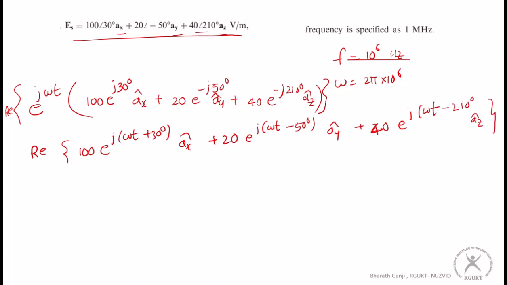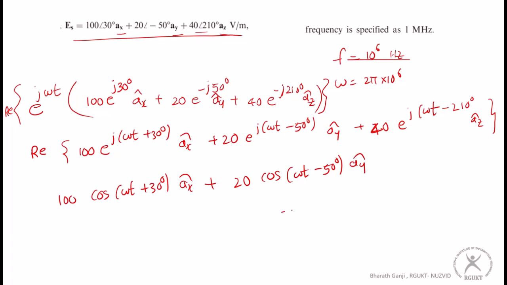If you take the real part of it, you get a signal like 100 cos of omega t plus 30 degrees ax cap, plus 20 cos of omega t minus 50 degrees ay cap, plus 40 times cos of omega t minus 210 degrees az cap.